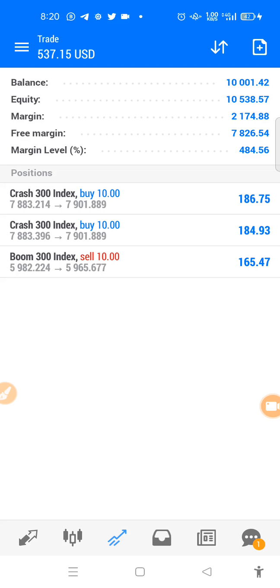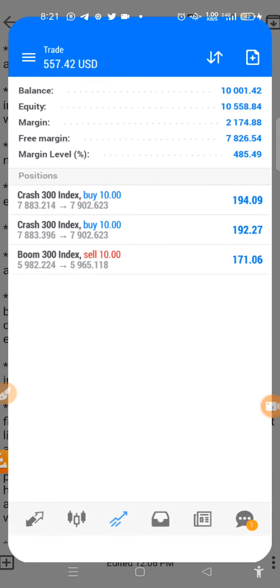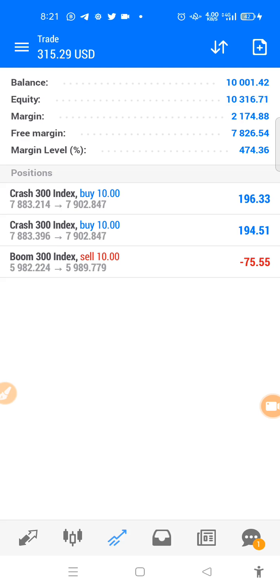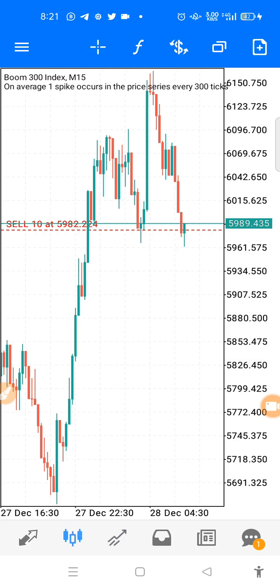So whether you go for spike or anti-spike, with Boom 500 and Boom 300, the spikes occur after each other, and it also steps as an anti-spike for long. For example, you can see currently there is a spike in Boom 500 and Boom 300.